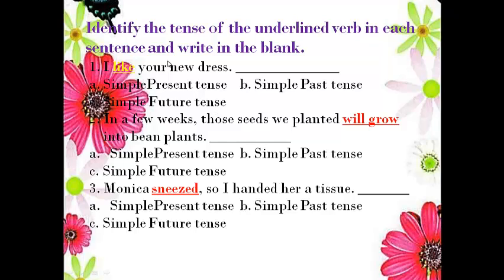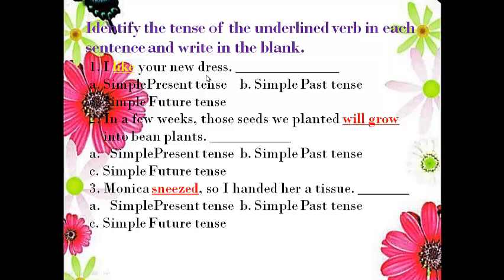Now, test corner. Identify the tense of the underlined verb in each sentence and write in the blank. So, first question. I like your new dress. Here the verb is like, L-I-K-E, like.